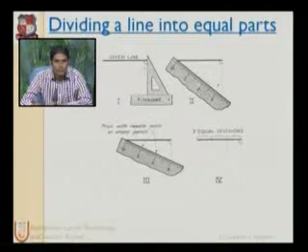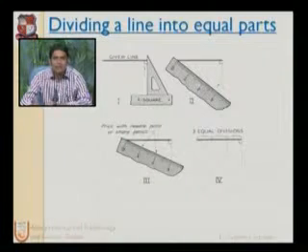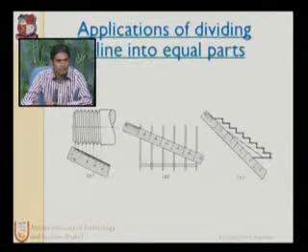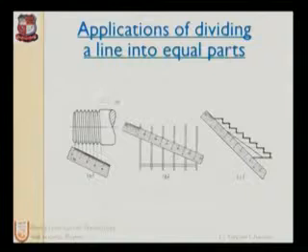So dividing a line is also a very important exercise, and the next slide shows an engineering application where it is required to divide a line into equal parts.